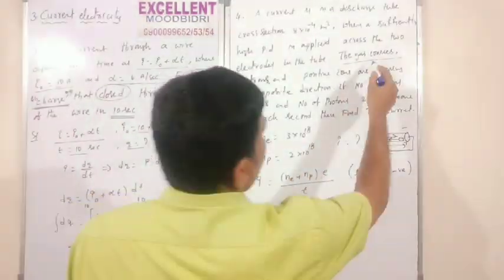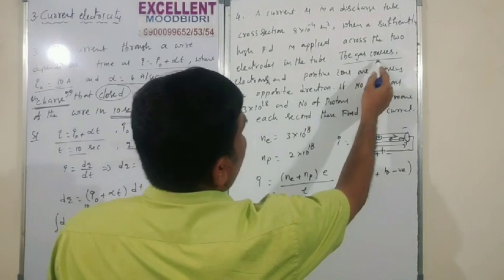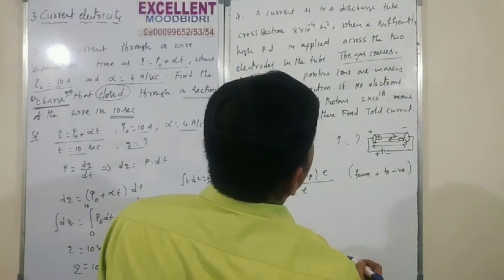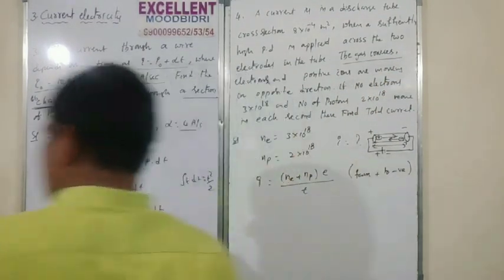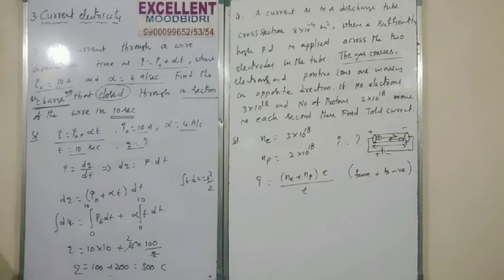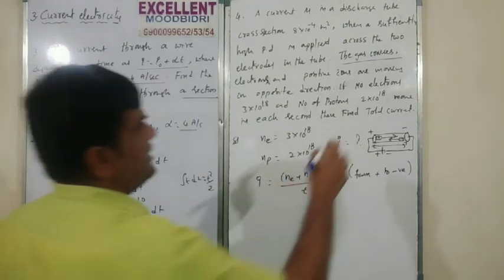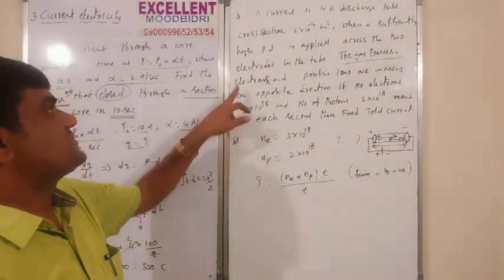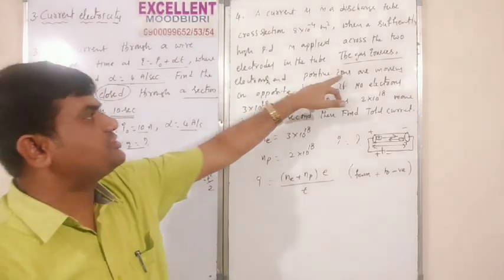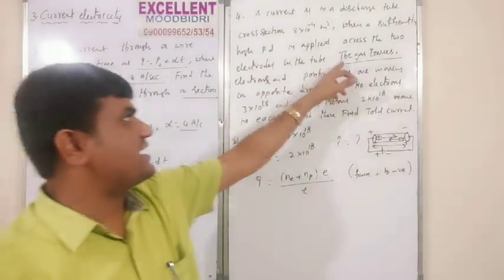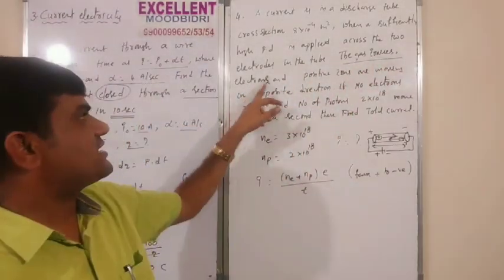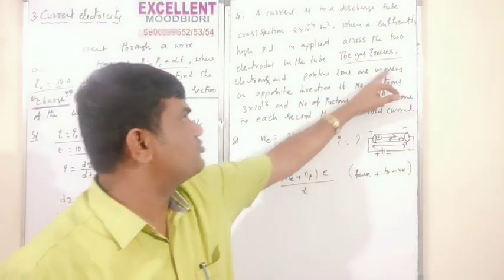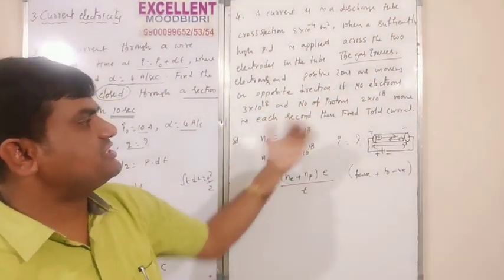The gas ionizes. The gas ionizes, and electrons and positive ions are moving in opposite directions.